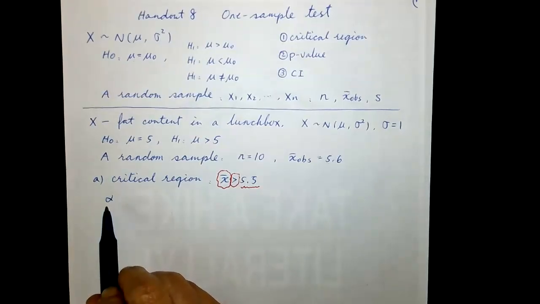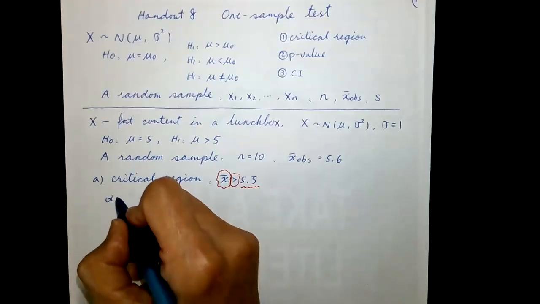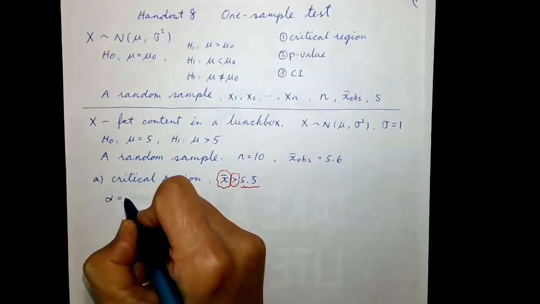The name of this alpha was already given in the confidence interval handout. It's called the significance level. In the confidence interval handout, we use 1 minus alpha as the confidence level. Now in here, alpha is still called significance level, but the definition of it is more precise.